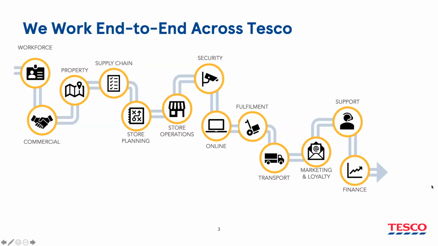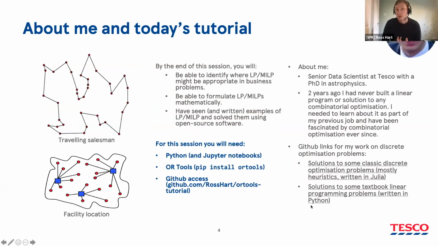Just to give you a little bit of a rundown of my own background before we go into the rest of the presentation. I've just mentioned I'm a senior data scientist at Tesco, but my formal background is in astrophysics, as has already been mentioned earlier. The key thing here is that I don't really have formal training in operations research.